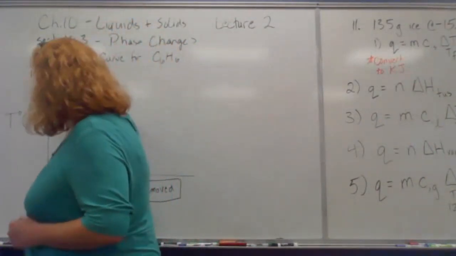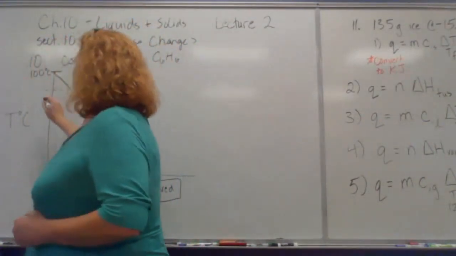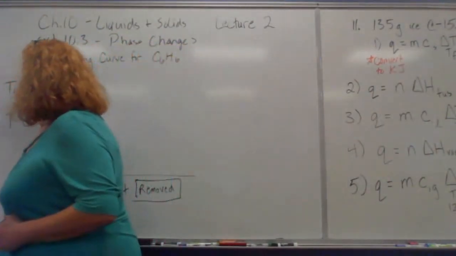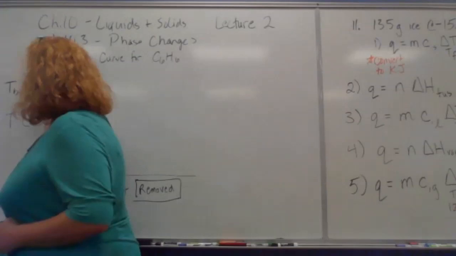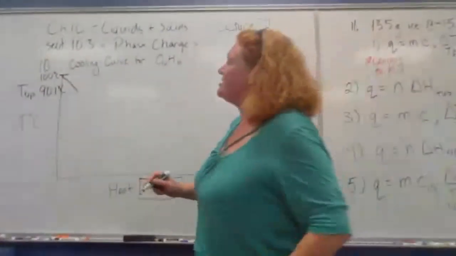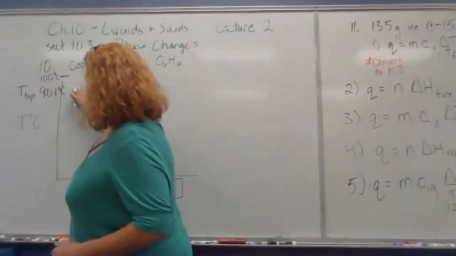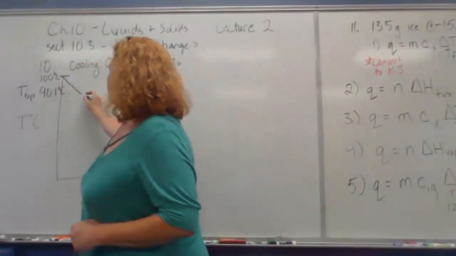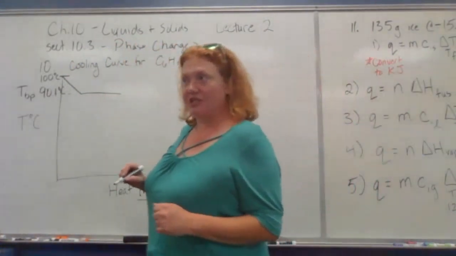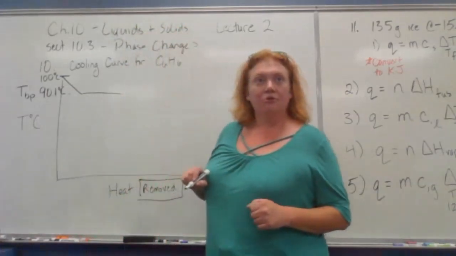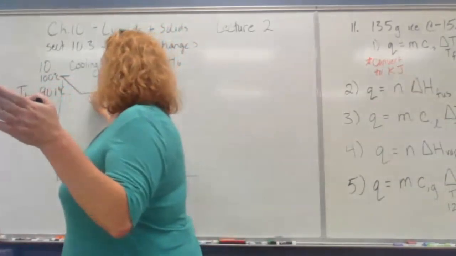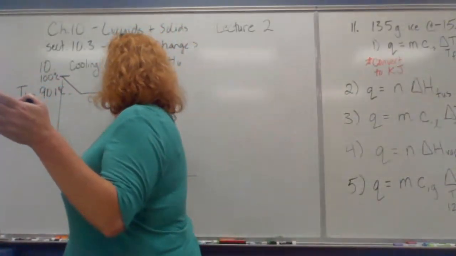I can take it from 100 to this point right here, the boiling point of the substance, and for benzene, 90.1. I would want you to label it this way when you're creating your graph. What special is going to happen here at 90.1? Phase change. From gas to liquid. Gas to liquid is called condensation. That's what I want you to label.